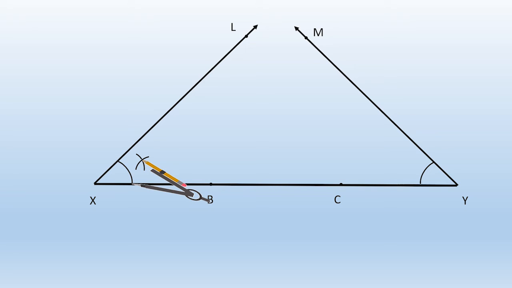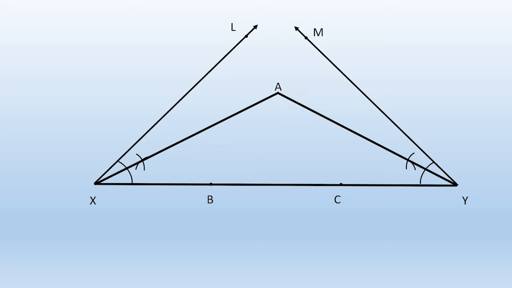Number 2. Then we have to make angles LXY equal to angle B and MYX equal to angle C. Number 3. Then bisect angle LXY and angle MYX. Let these bisectors intersect at a point A. Number 4.